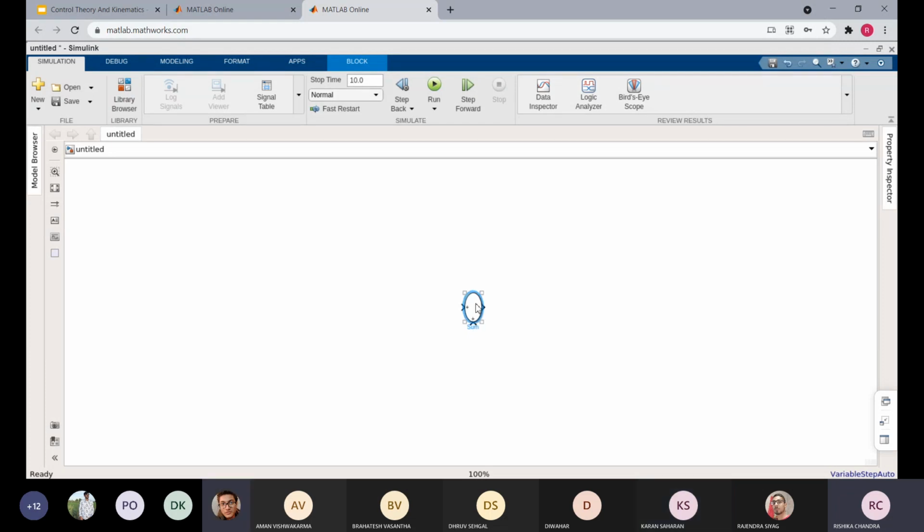Ma'am, where do we find this Simulink? I can't find it actually. You have opened MATLAB Online, right? Yeah. So at the top there's a header. You'll find Simulink somewhere there. Search for it. I'm clicking, but nothing is working. Double click.